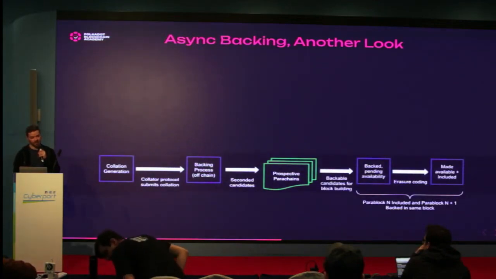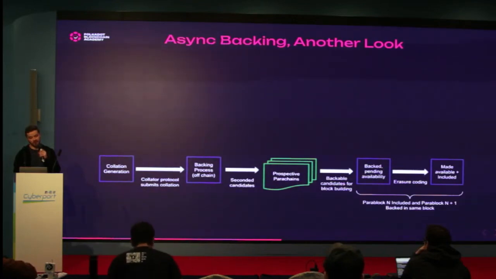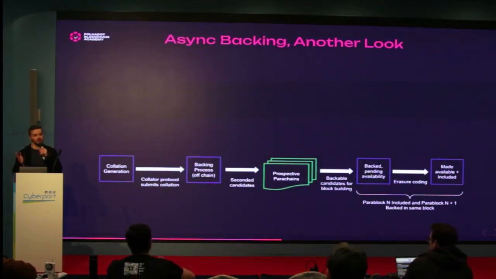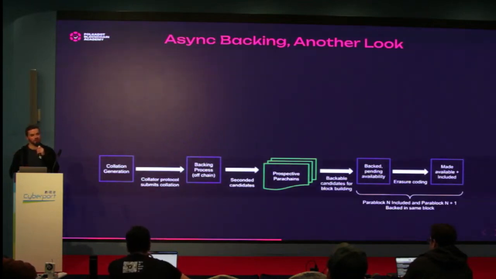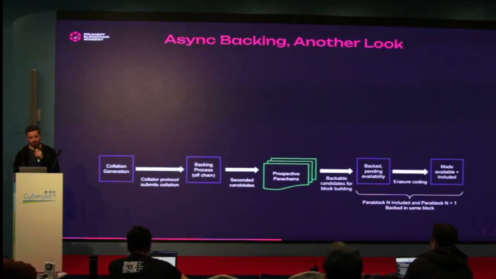So you'll notice that for our collation generation and backing process here, I did not have any notation signaling that this was during some relay chain block timing. That's because backing is asynchronous. It is its own process. It's happening on its own schedule. But we still have this availability and inclusion step, which is sort of timed by relay chain blocks.